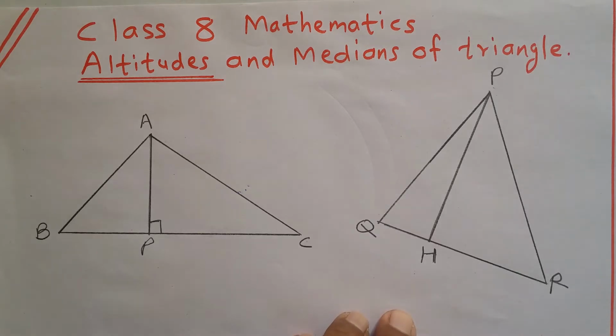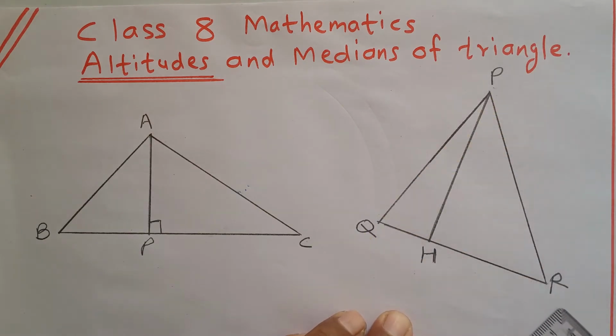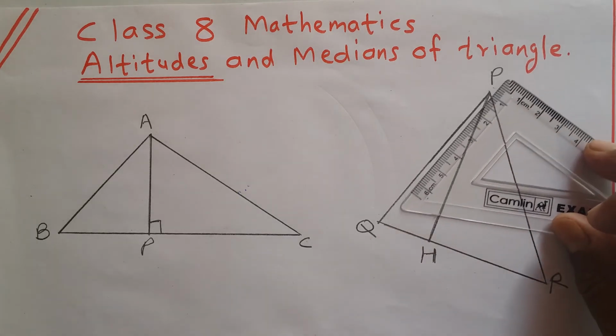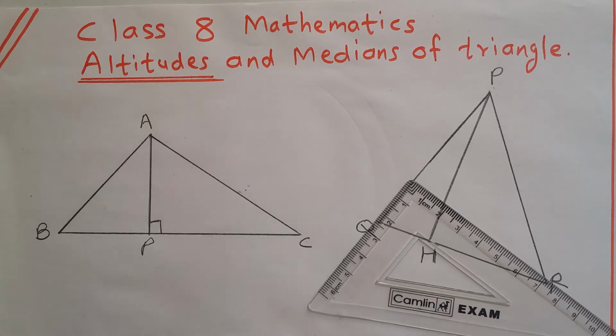Suppose any student says, sir, I want to draw one more altitude, but I want to take the base as PQ. So how can we draw altitude? Look, we can slide this like this, and here. Is it right?